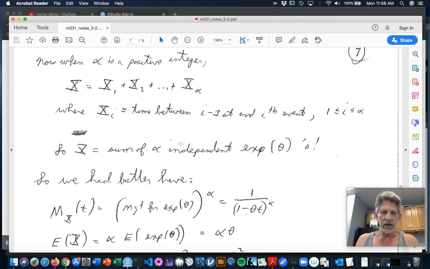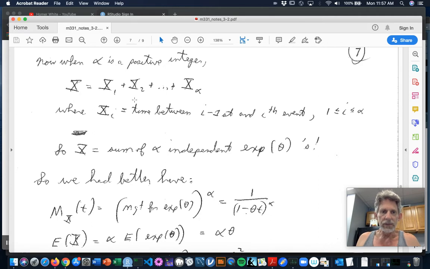Now, those Xi's are independent of each other because what goes on in different time intervals is independent of each other. So if I have to wait 10 seconds for my first event, then that says nothing about how long I'll have to wait between the first and the second event. So they're independent.